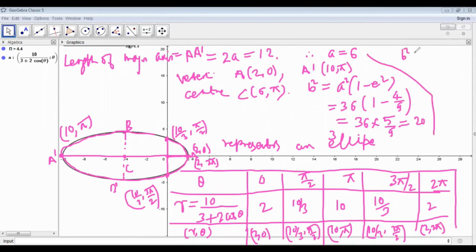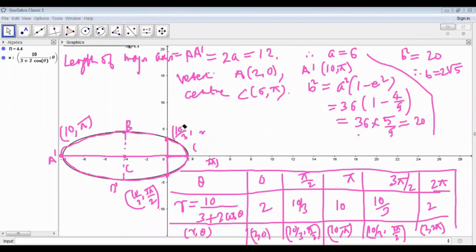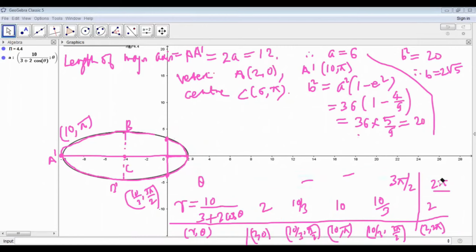Therefore, b equals root 20, which is 2 root 5. This is b. The length of the minor axis is 2b.